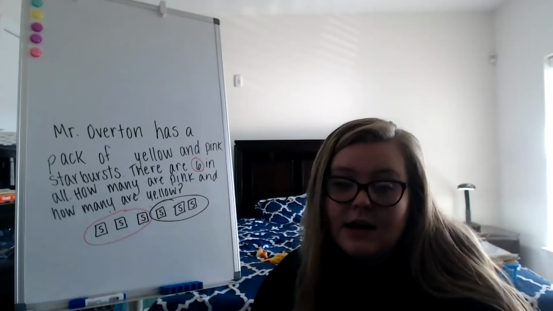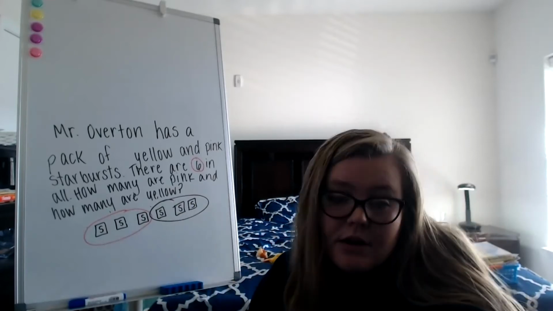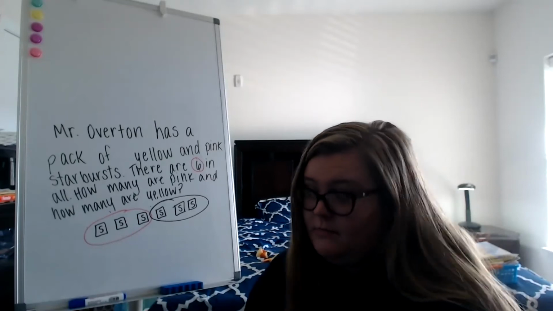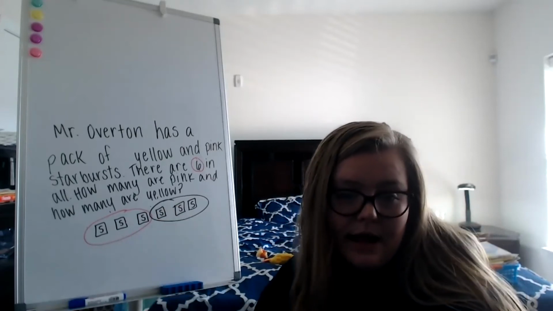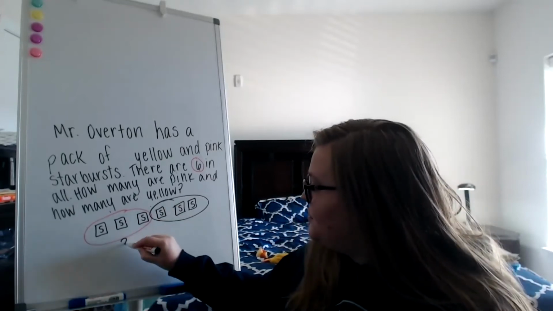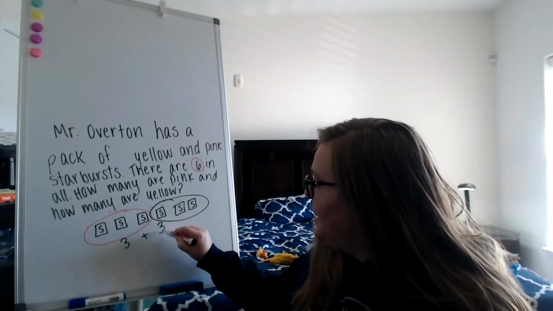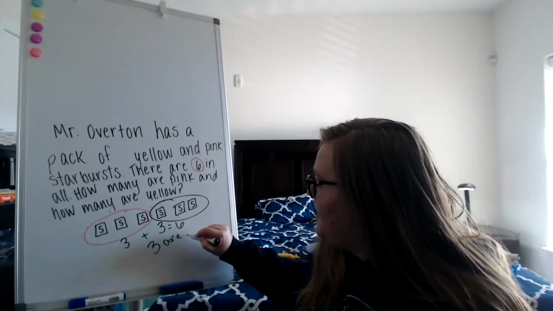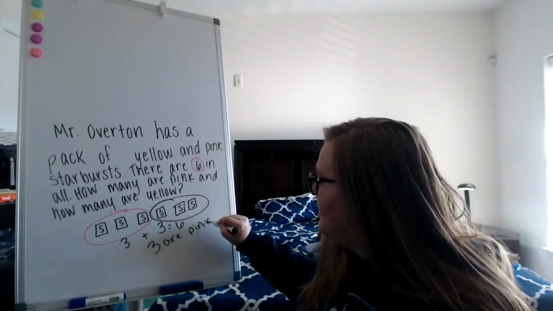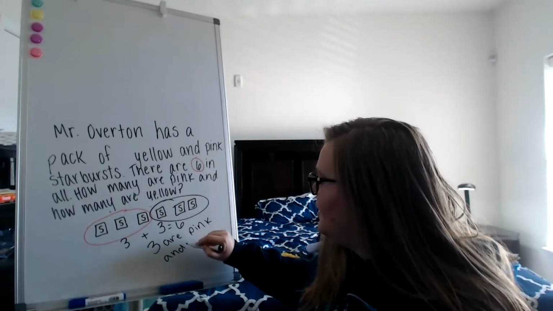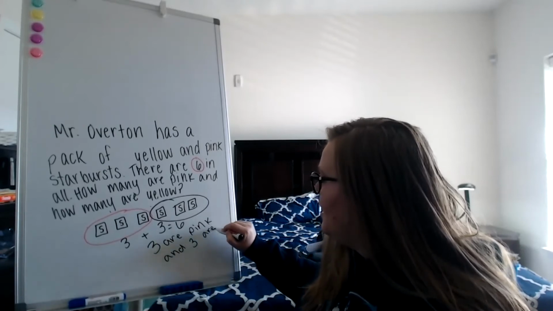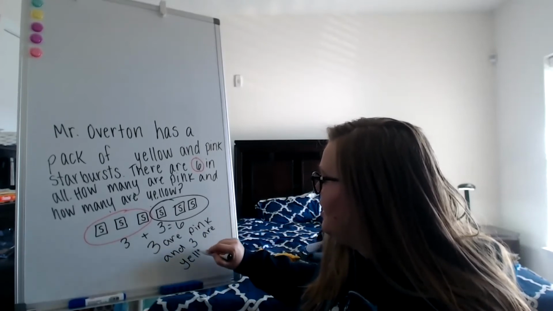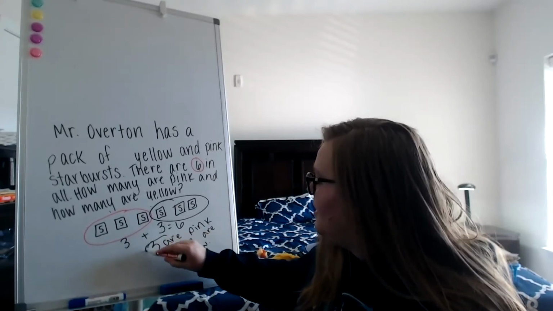Do I have six in all? And I have two different colored starbursts? If the answers are yes, then yes, this could be my answer. I could do three plus three equals six. Three are pink and three are yellow.